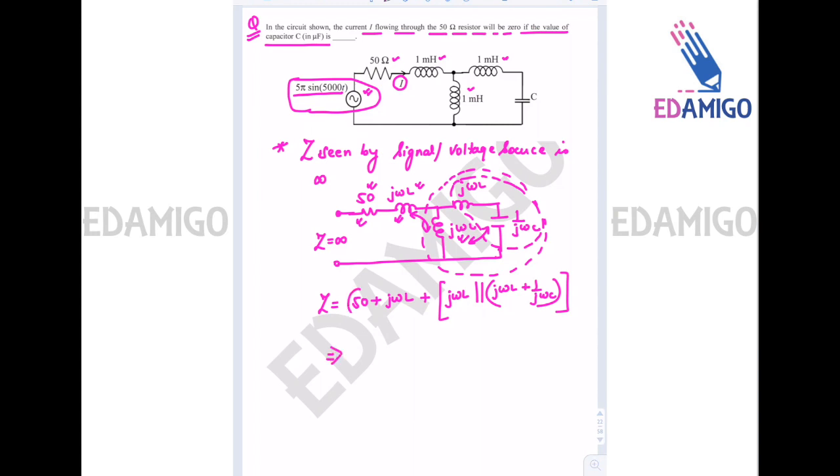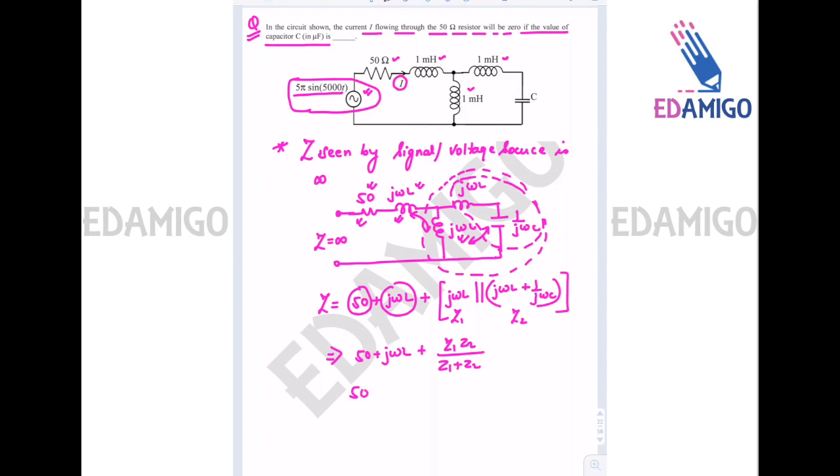Since the first two terms cannot be infinity, let's look at the third term. This is Z1, this is Z2, and the parallel combination of Z1 and Z2 is Z1 into Z2 upon Z1 plus Z2.